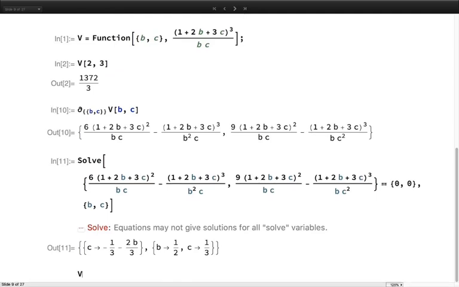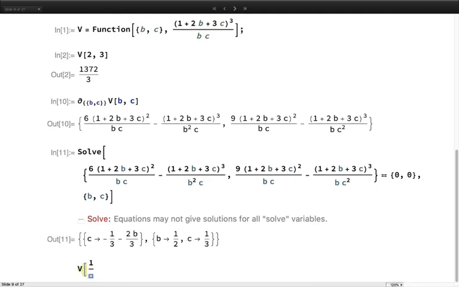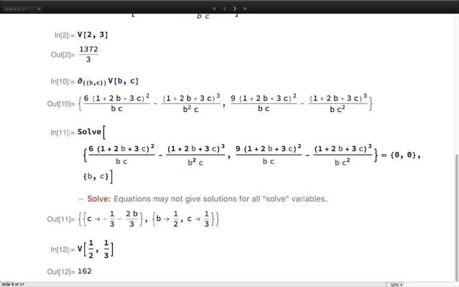And to finish this problem, all I'm going to do is evaluate my function at those values. 1/2, 1/3 is enough, and I get 162.